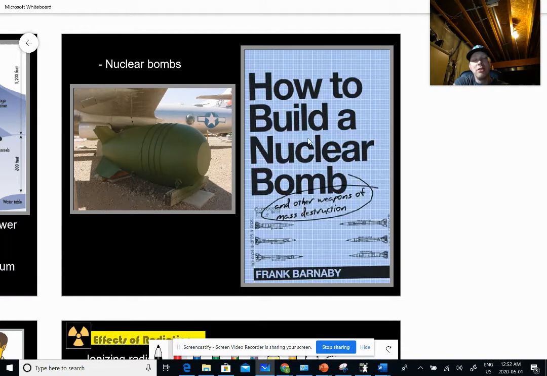This is an interesting piece of trivia I don't know if you really know. When the internet came online and became popular, usable by the everyday person, not just by the computer hackers, one of the first things that was shared online was this book, this information on how to build a nuclear bomb and other weapons of mass destruction.